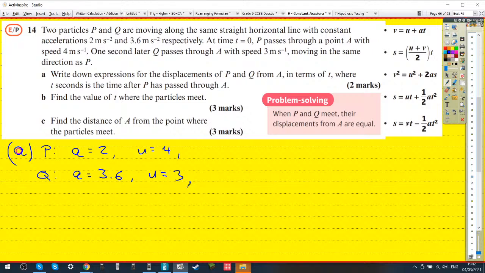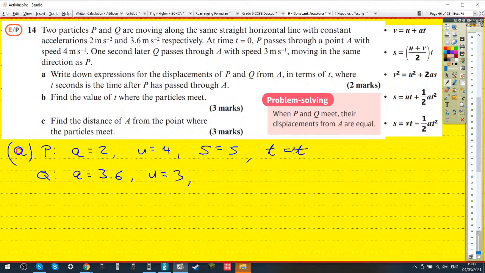Any idea what this is about? Let's see. So it says find an expression for displacement in terms of t. So that means that we have neither displacement nor time.